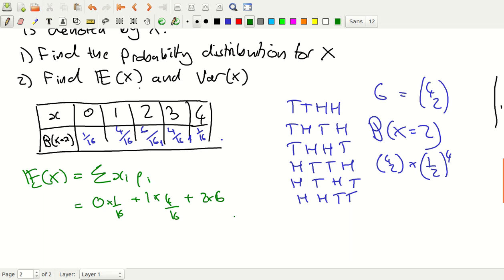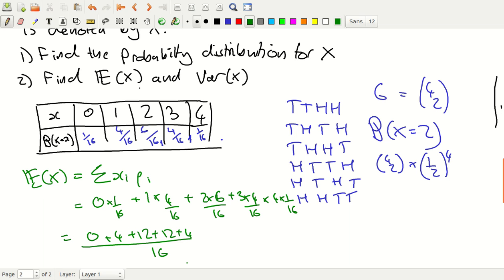Plus 2 times 6/16 plus 3 times 4/16 plus 4 times 1/16, which comes out to 0 plus 4 plus 12 plus 12 plus 4, all over 16.